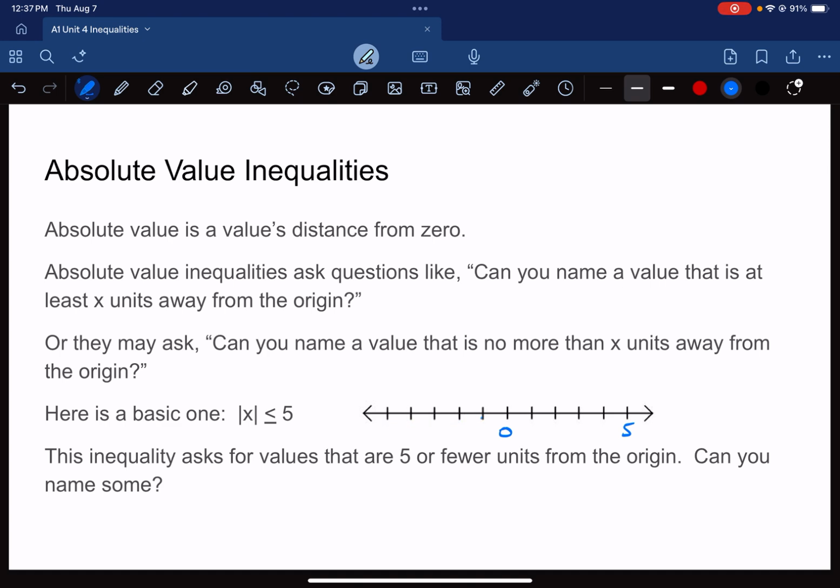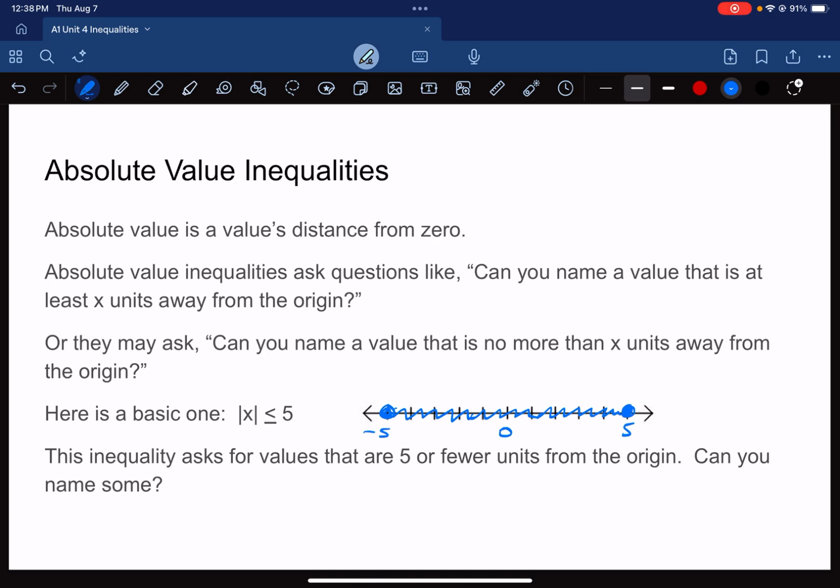So I can go this way 5 steps and reach -5, and every one of these numbers is less than or equal to 5 units from 0 as well. So what we have then is this graph that looks like this. These are the boundary values, and all the values in between are less than or equal to 5 units from the origin.